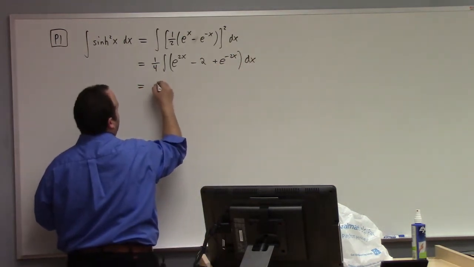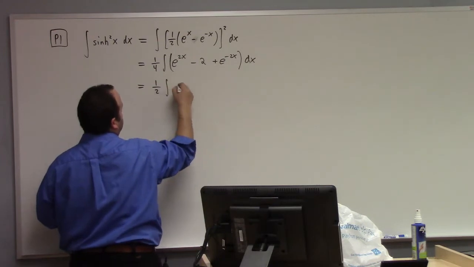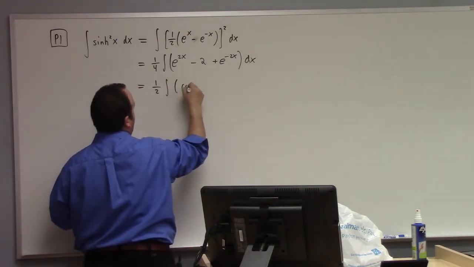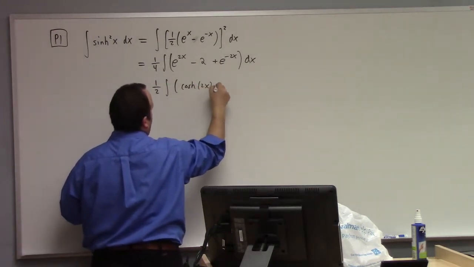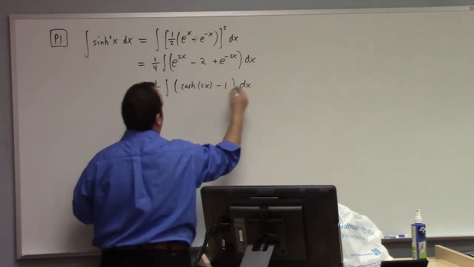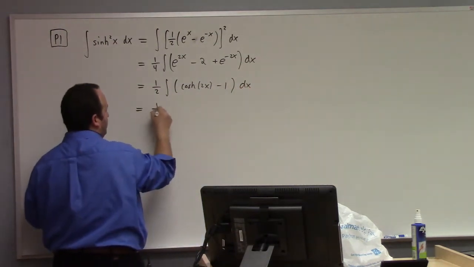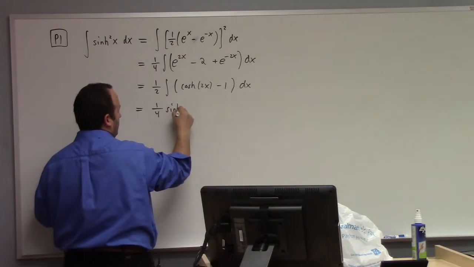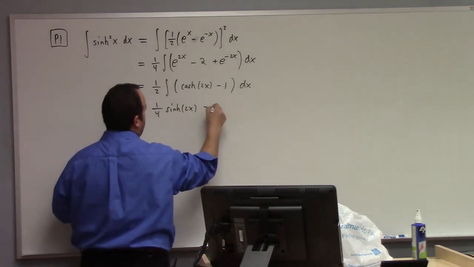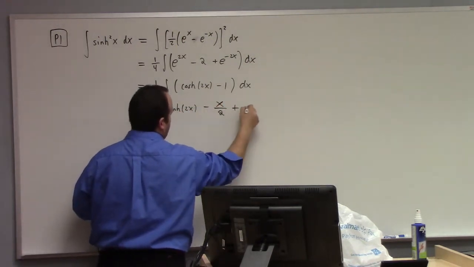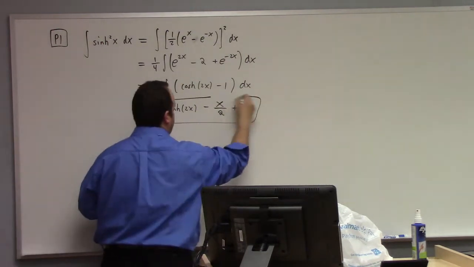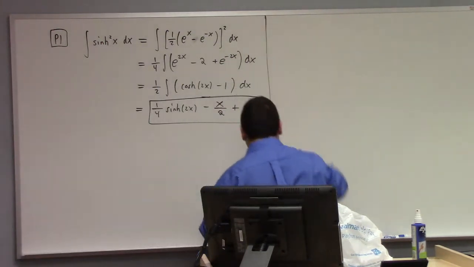So we have 1/4 sinh of 2x minus x over 2 plus a constant. Problem 1 done.